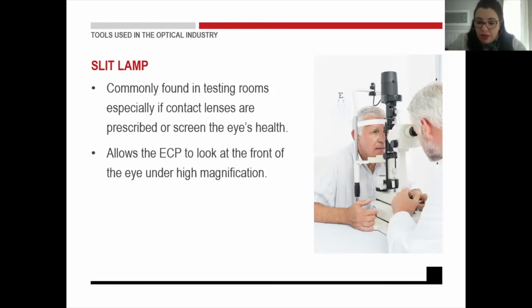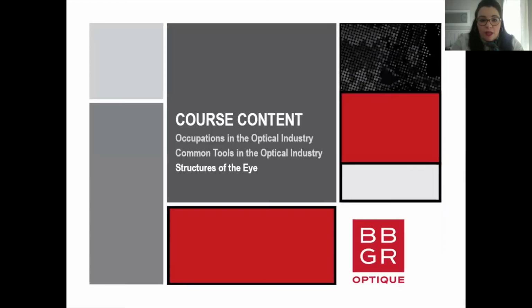We manage treatment, we fit contact lenses, we might be taking out eyelashes that's bothering a patient. So it's basically enlarging the image up to a very small, like cellular level, so that we can see what's going on in the eye.